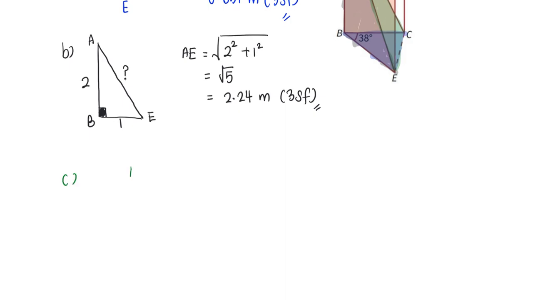I will have A, E, and C. They want us to find this angle, bearing in mind that we already know this is square root 5 from here. AE and AC are actually the same length.